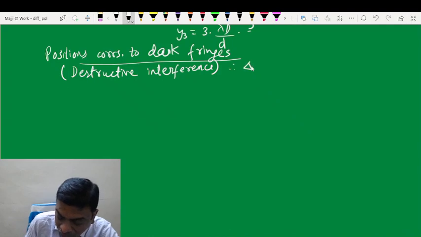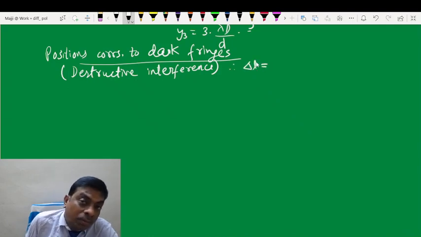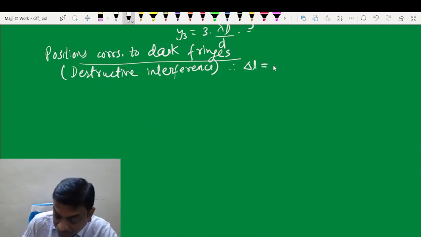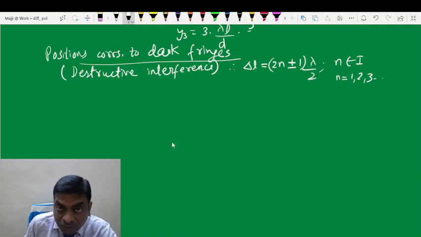For that we know the path difference should be equal to an odd multiple of lambda by 2. So 2n plus or minus 1, anything is okay, times lambda by 2, where n belongs to integer. Integer means you have to start from 1 if you are taking 2n minus 1. If you are taking 2n plus 1, then n can start from 0, not a problem.